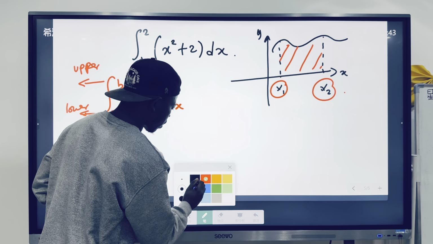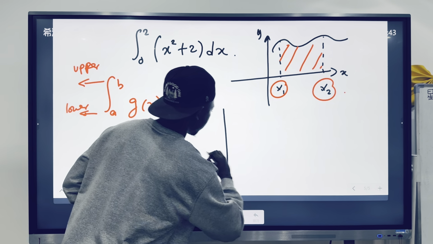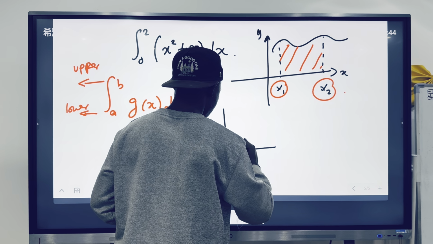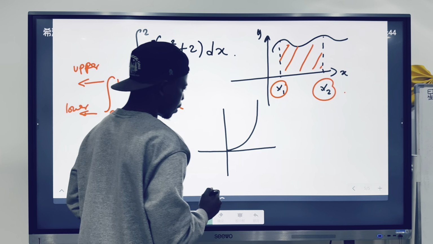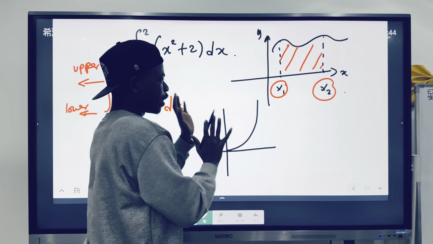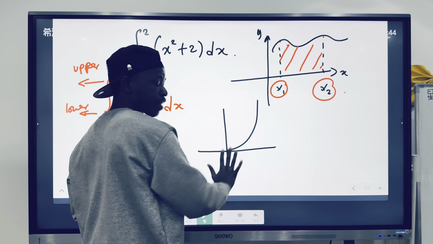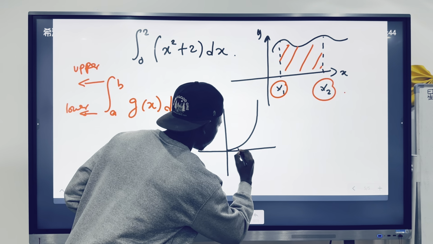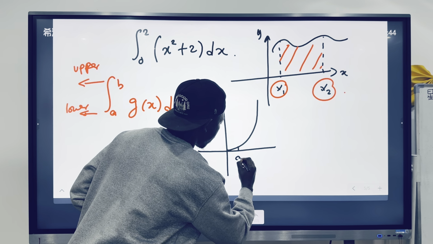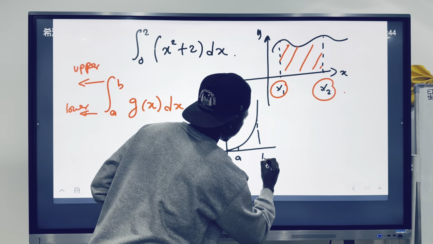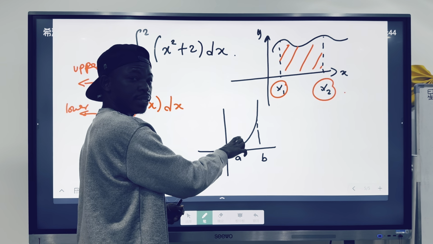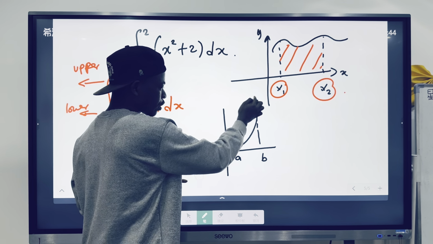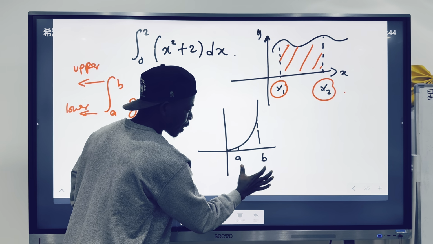So if you also have another function, let me just say you have a random function like this. Then you integrate this function between these limits. Let me call this a, and let me call this b. So once you integrate this function, you are finding the area below this function, but between a and b.